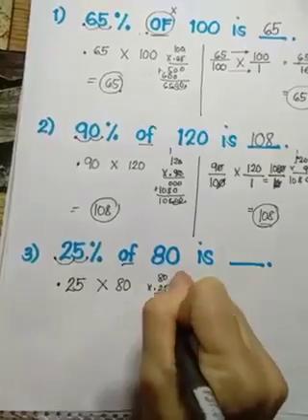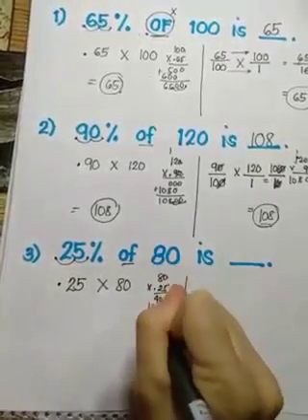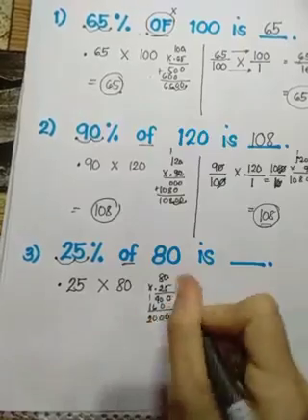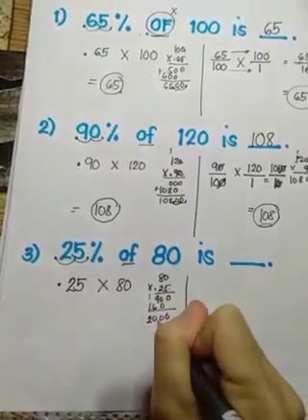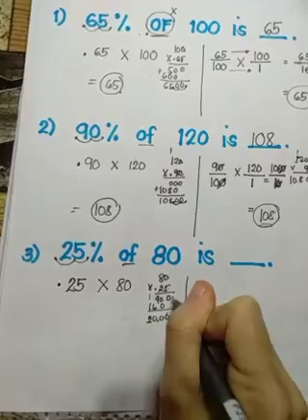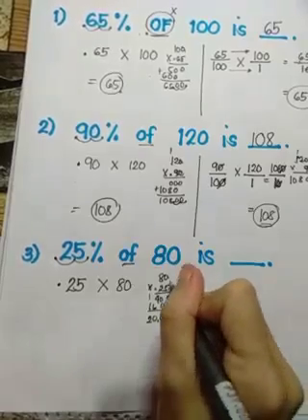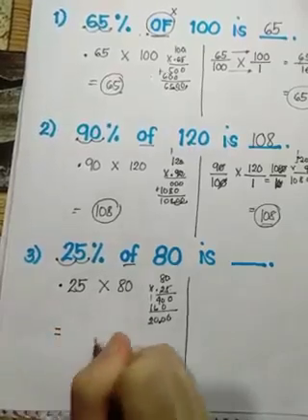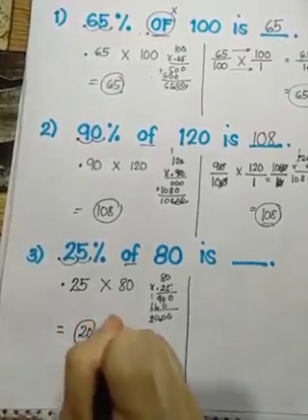Then we move 2 decimal places. So the answer here is 20.